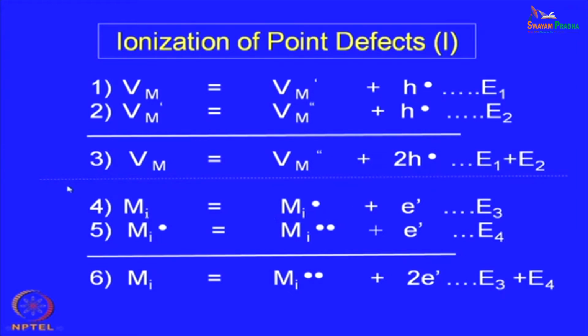In the same way, for the metal interstitial you can have this kind of ionization, and it may be E3 and E4. Adding together, one metal goes to a double dot plus 2 electrons. So, it releases 2 electrons, and the total energy involved is E3 plus E4.